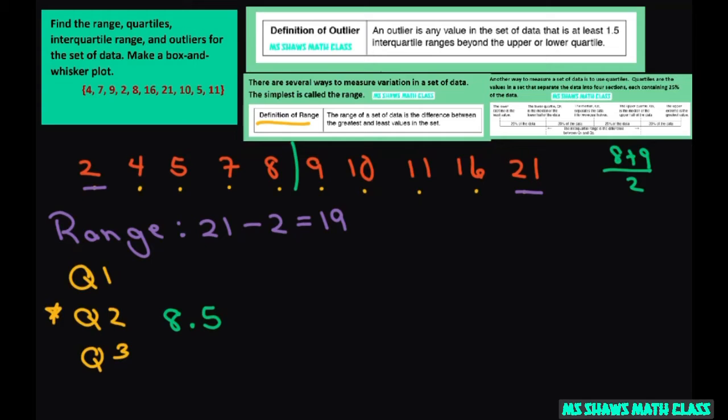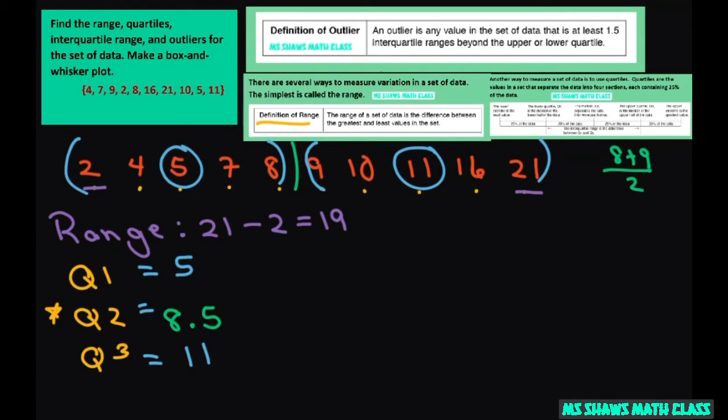Now, for quartile 1, you're going to take the lower half of the data, and the middle number here is 5. And for quartile 3, you take the upper half of the data, and the middle number is 11. So there's your quartiles. Now let's do the interquartile range.